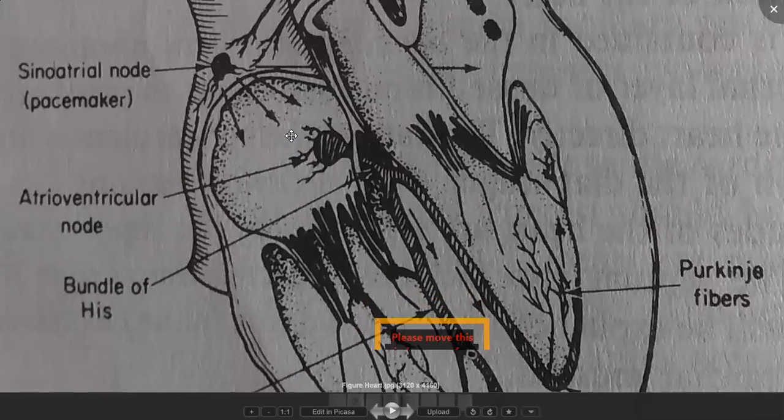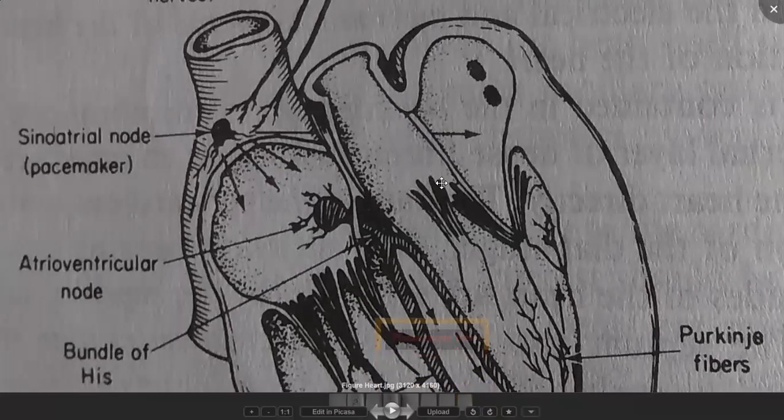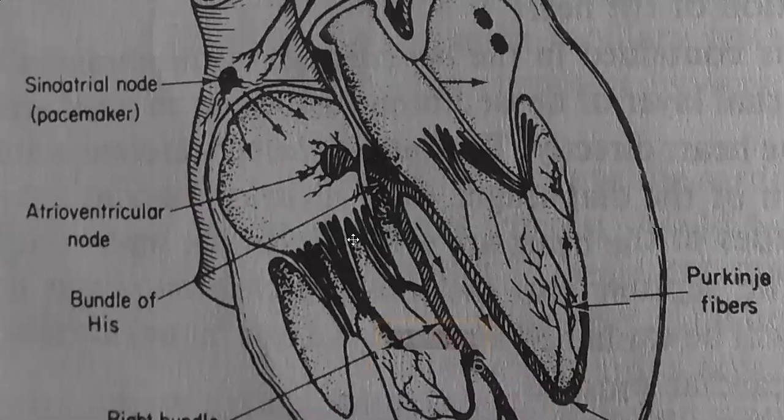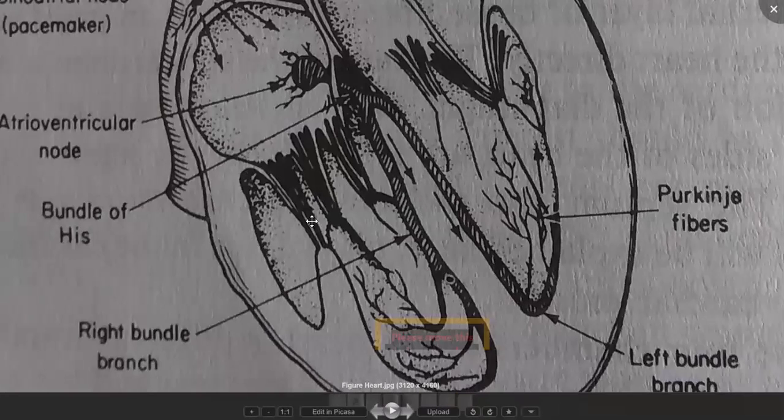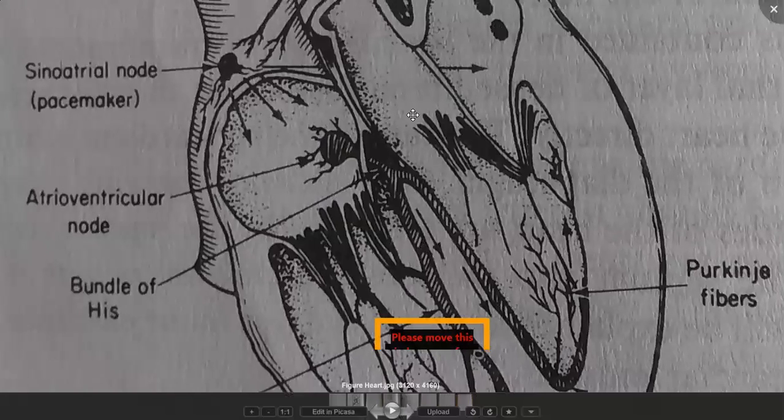Here we have the right atrium and this is the left atrium, and downside this is the right ventricle and this is the left ventricle. There are four chambers in the heart.